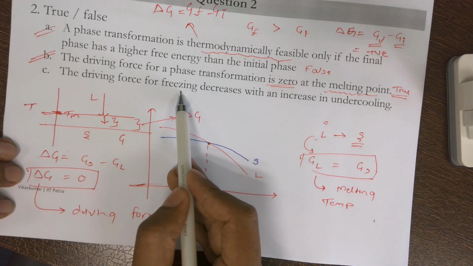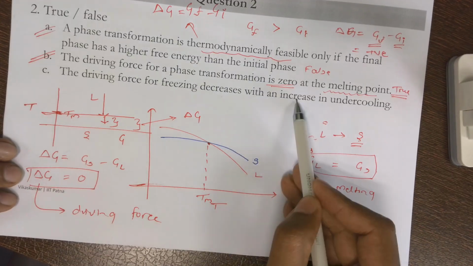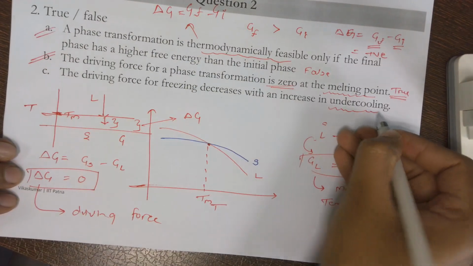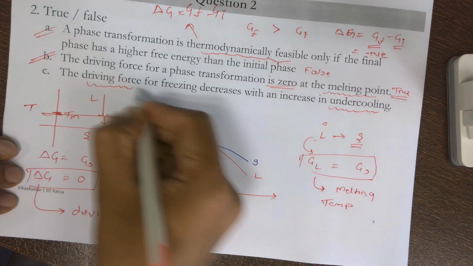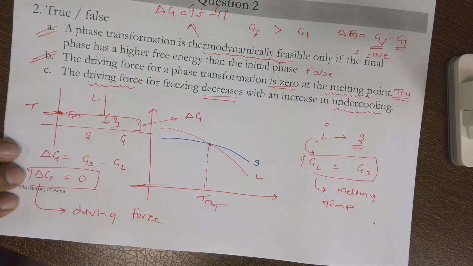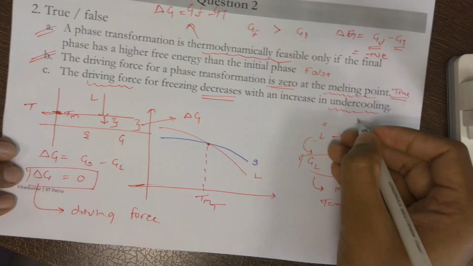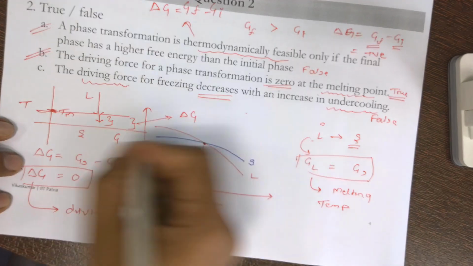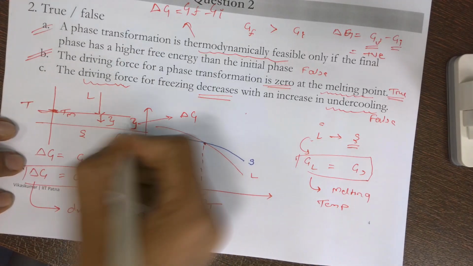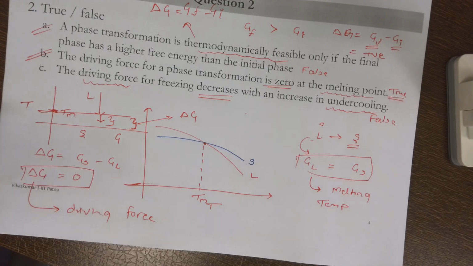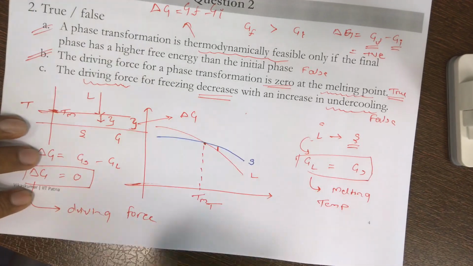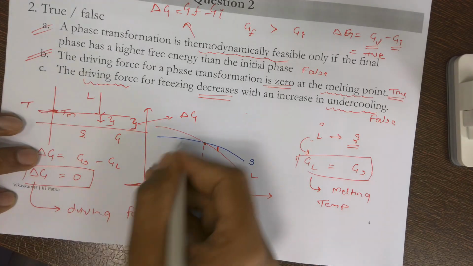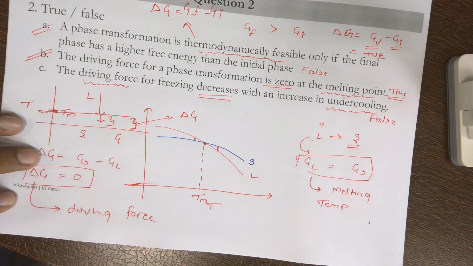The driving force for freezing decreases with an increase in undercooling. If we are increasing the undercooling, will the driving force decrease? False, right? More undercooling means the temperature difference is more. We are talking about freezing, so let's say this much.